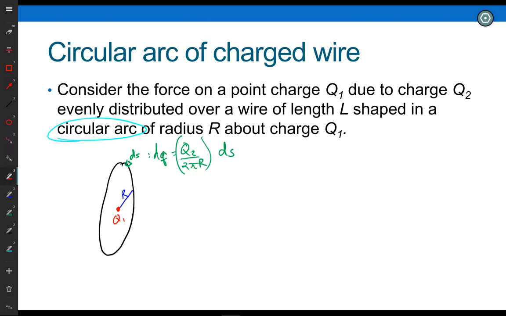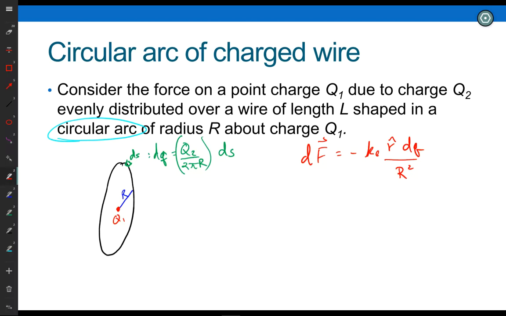Let me write down the equation for you. We have dF, and it changes as it goes around the circle. I put over capital R squared because it's a constant radius, because I'm at the center of the circle.